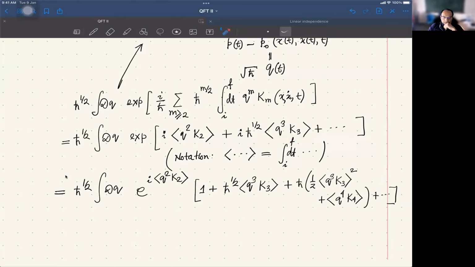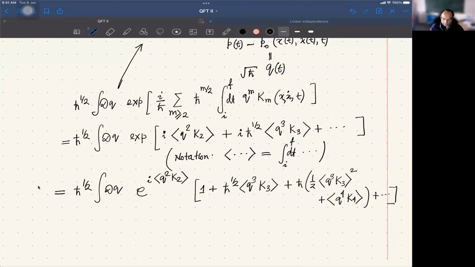Now you can argue, using this calculation, that any order ħ to an odd half-integer power will be an odd power of q. You see, it is ħ^(1/2), it says q³. This is ħ, so this has even powers of q.